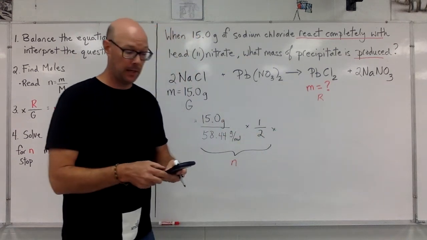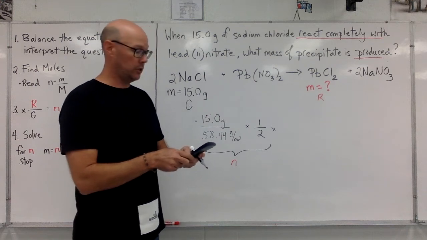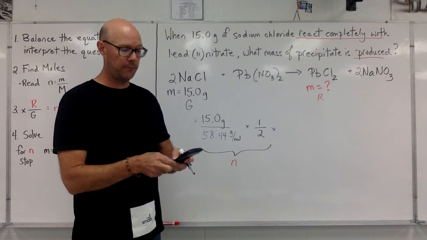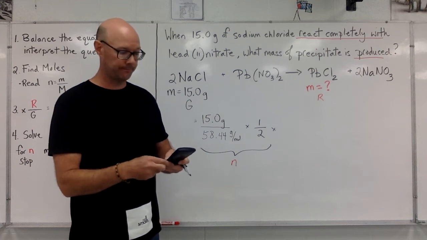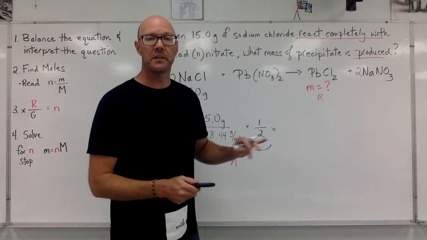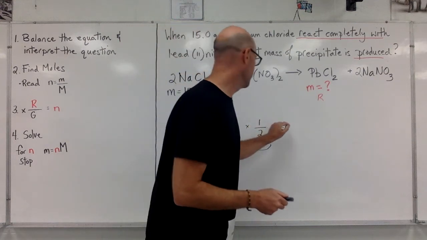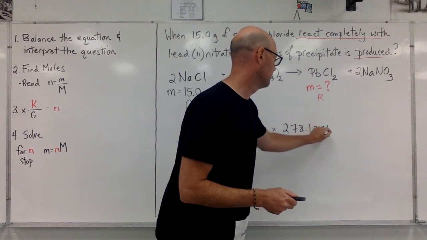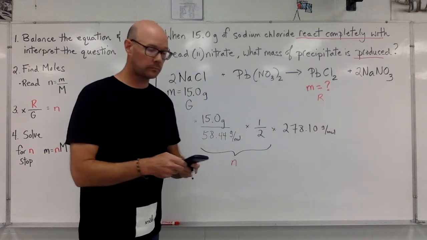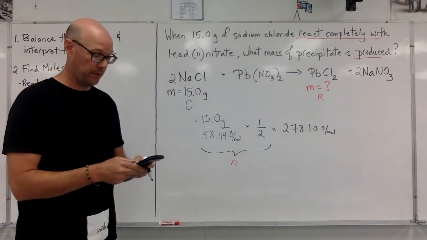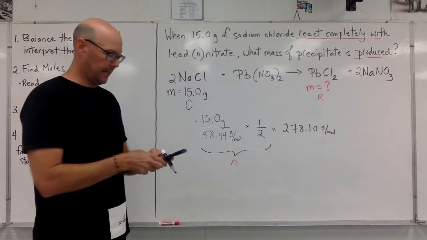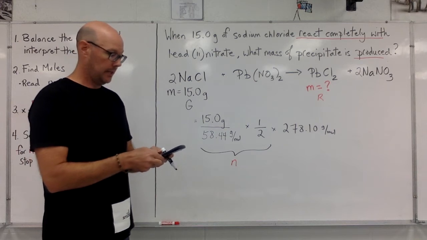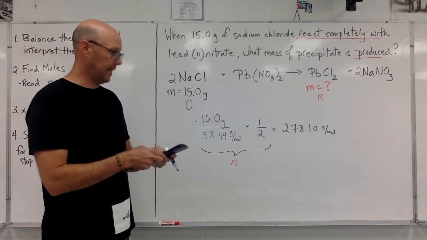Now lead is 207.2, and we have 2 chlorines, 35.45 each. The molar mass of the PbCl2 is 278.10. Now we have some buttons to push. 15 over 58.44 times a half times 278.10.